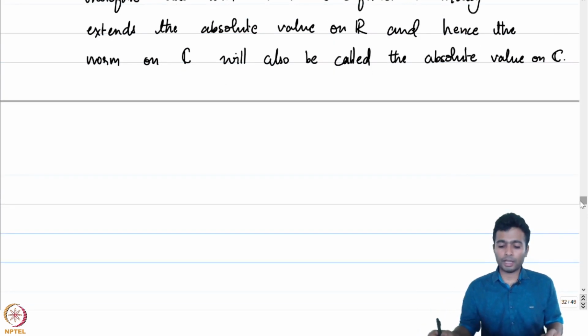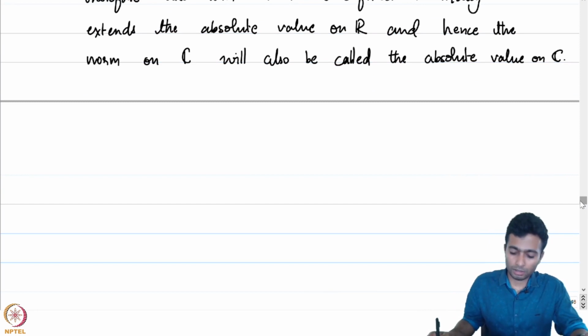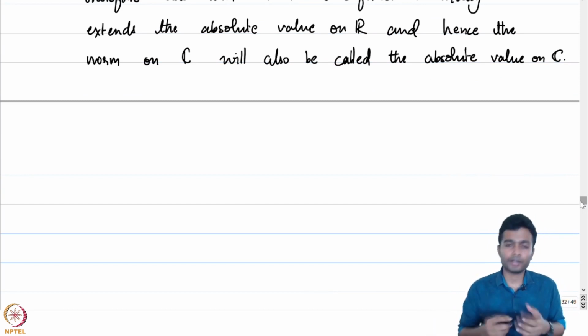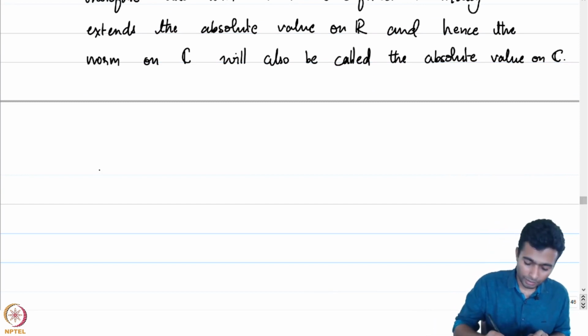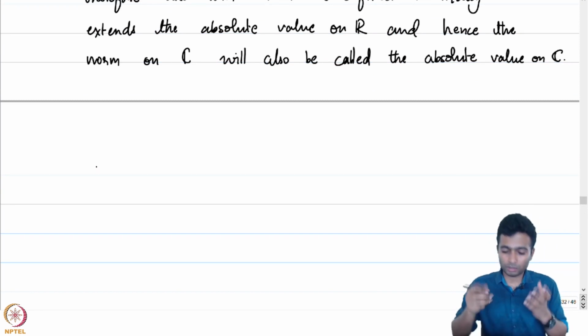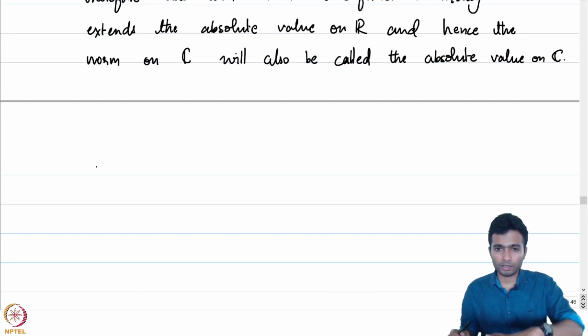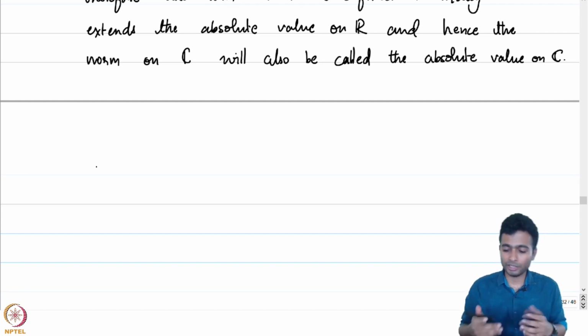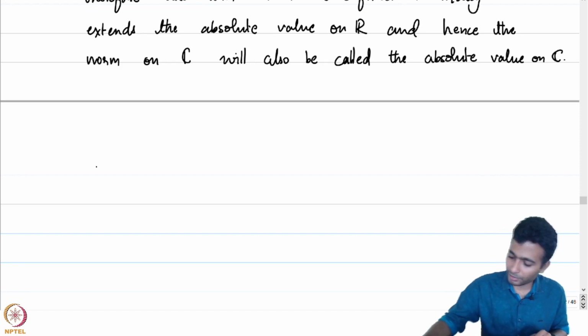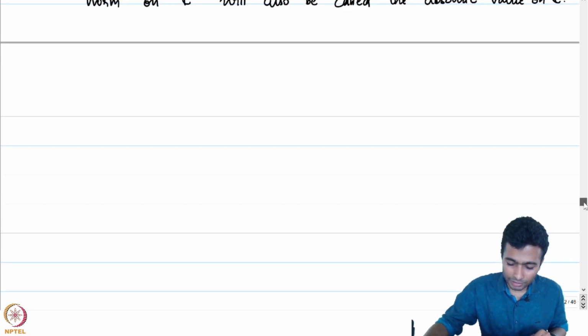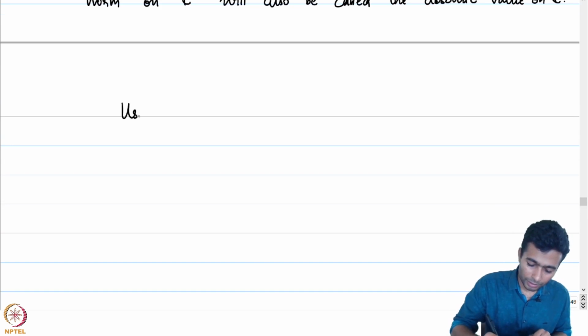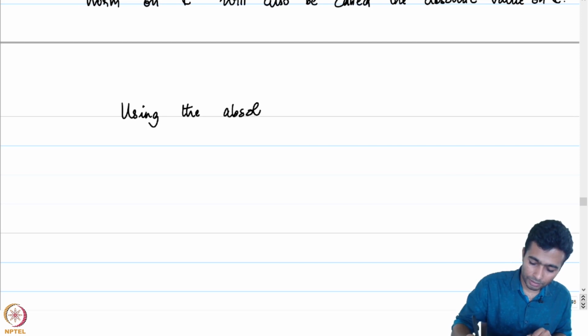All right, so in any normed vector space, we can talk about a metric. Let's now define a metric on this particular normed vector space. In other words, let's define a metric on C using the norm which we just defined, the absolute value. We'll just use the standard definition using this absolute value. I'll start using the word absolute value.